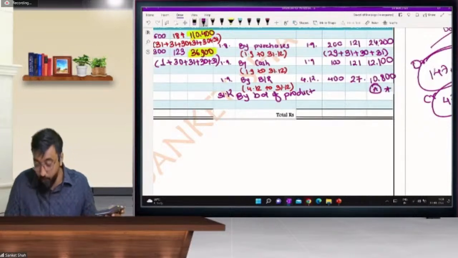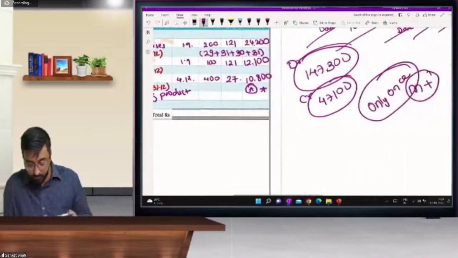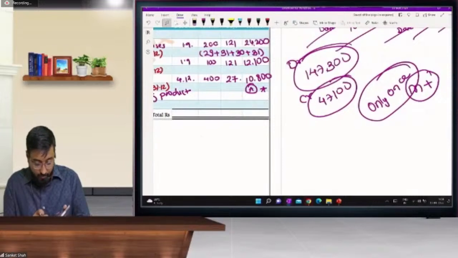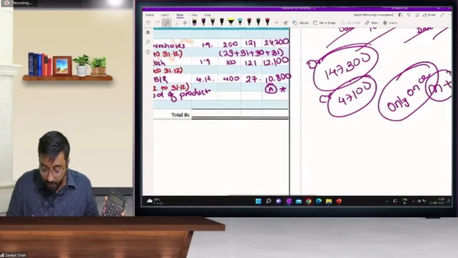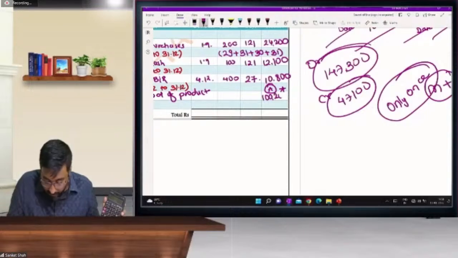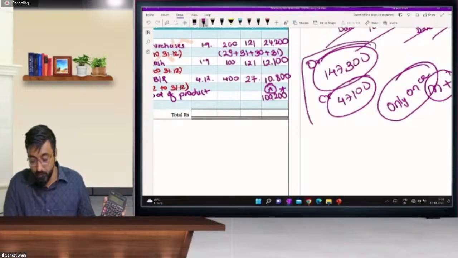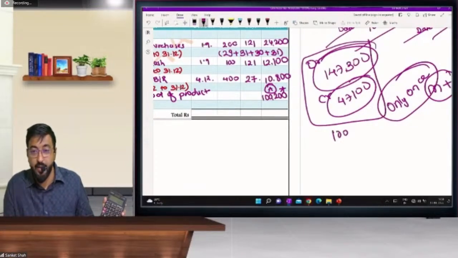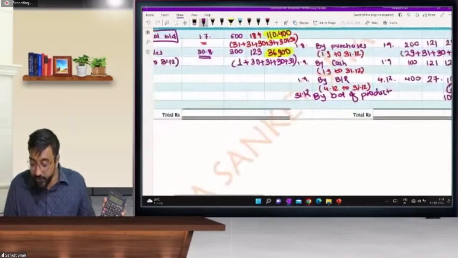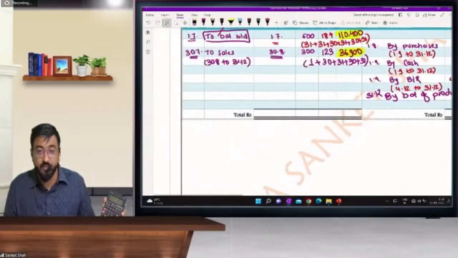Balance of product first. So what is the balance of product? 100 and 200, the difference between debit and credit, on the very opposite side.